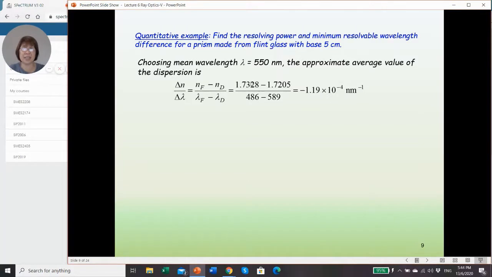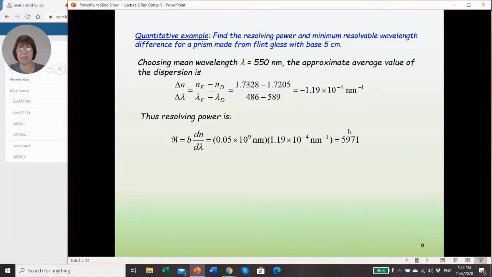And this is obtained at a wavelength of 486 nanometer, whereas this term here is at a wavelength of 589 nanometer. Hence, this dispersion term here is expressed as negative 1.19 times 10 to the minus 4 per nanometer.